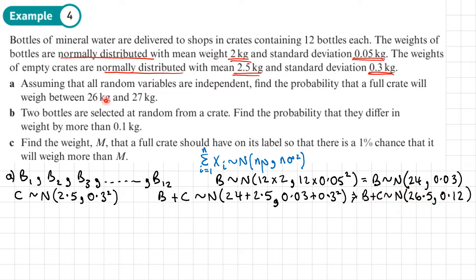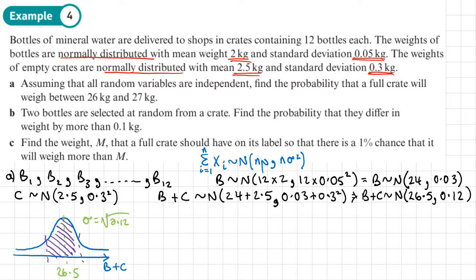Okay, so we found this new distribution. Now what do we want to do? We want to find the probability that a full crate will be between 26 and 27 kilos. So again, I'll do a diagram. I'll probably rub this out straight away just to see what we're doing. So this is a distribution of B plus C, the 12 bottles plus the crate. This has a mean of 26.5 and a standard deviation, which is going to be the square root of 0.12. And we want to find the probability that the crate and the 12 bottles weigh between 26 and 27 kilos.